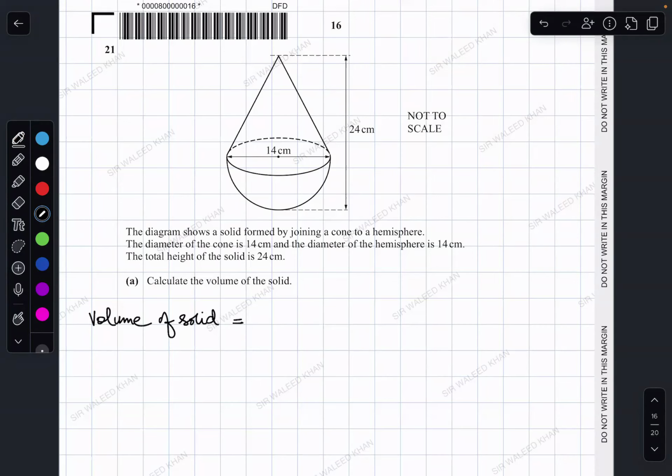So I have to add the volume of the cone to the volume of the hemisphere. Volume of the cone is given in the formula sheet as well, but volume of the hemisphere is not. So you can just divide that by 2. So 1 by 3 pi r square h plus 2 by 3 pi r cube.